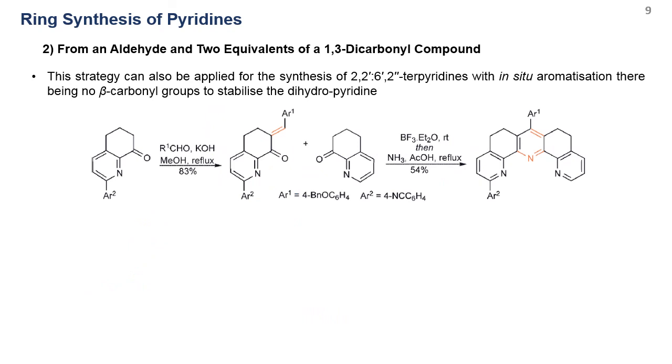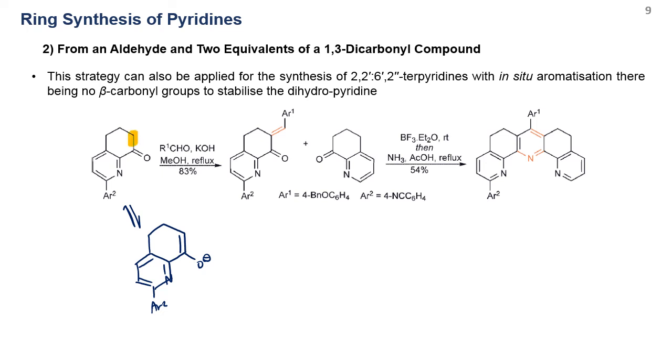you can easily convert this to pyridine by oxidation. Actually, you don't need the second carbonyl group if you do it step by step. For example, here, if you put the ketone with base, the only enolizable part is this carbon, because that's the only alpha proton.